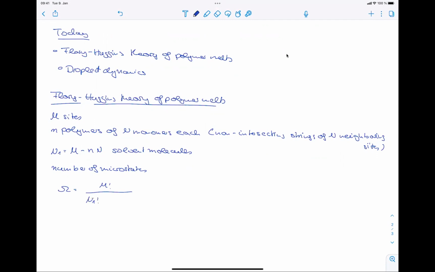And then I have to have some term that enumerates the number of ways to organize these polymer chains on the lattice.